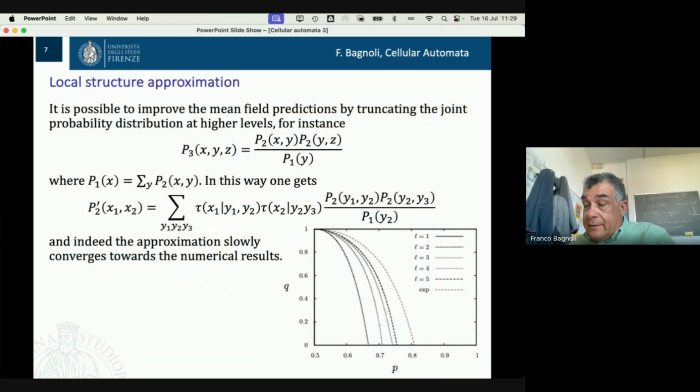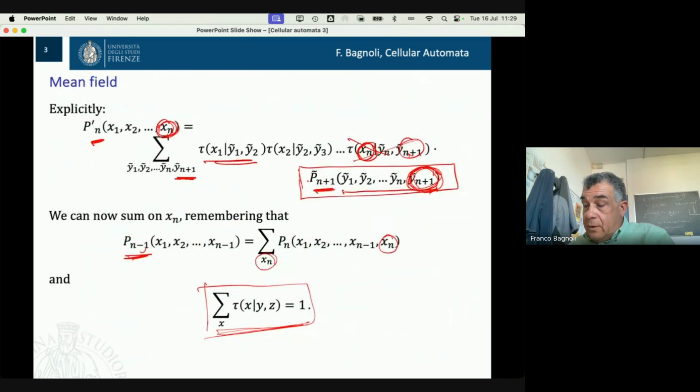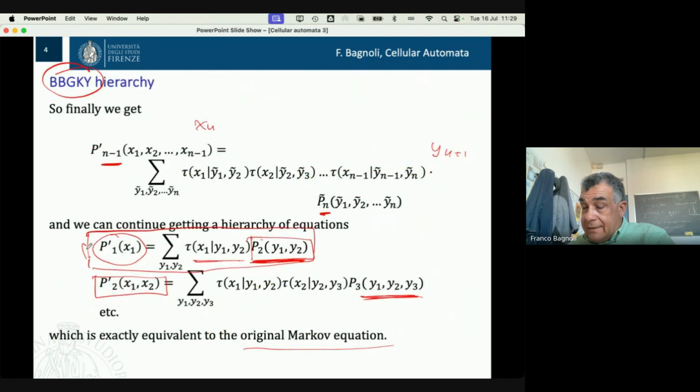We can try to improve this. In order to improve this, we can try not to cut the system here, but for instance here at the following level. Clearly, we now have to express P3 in terms of P2.